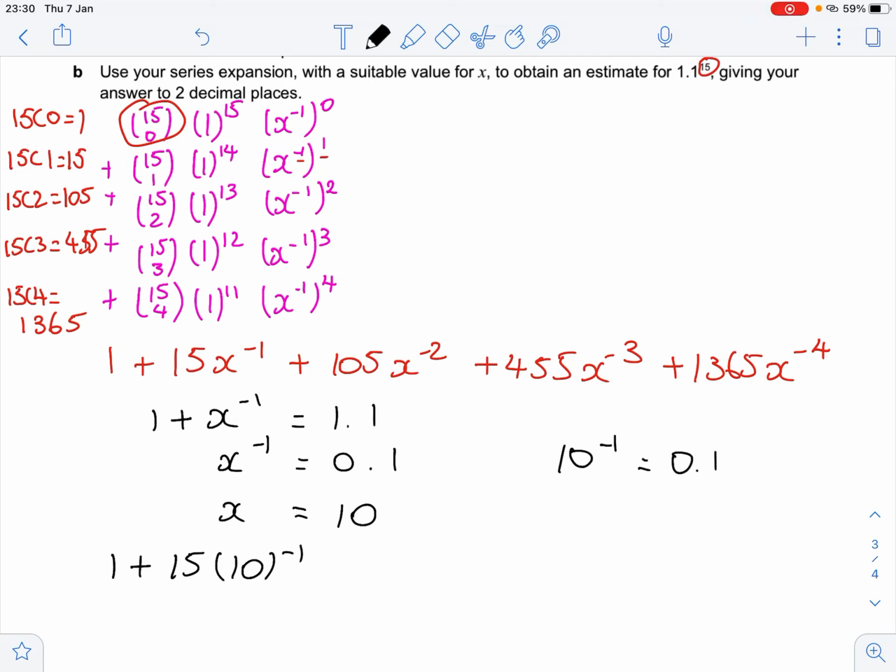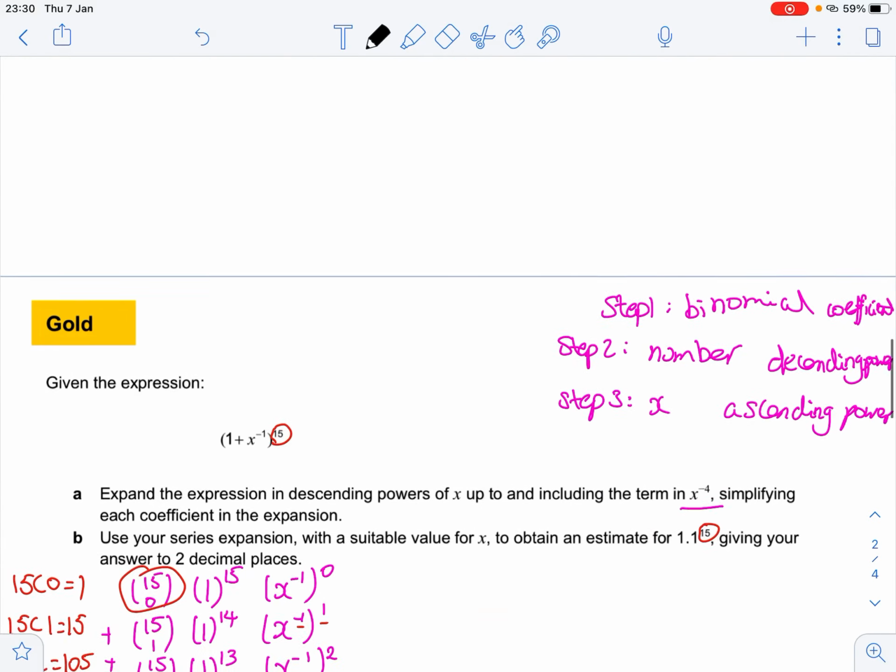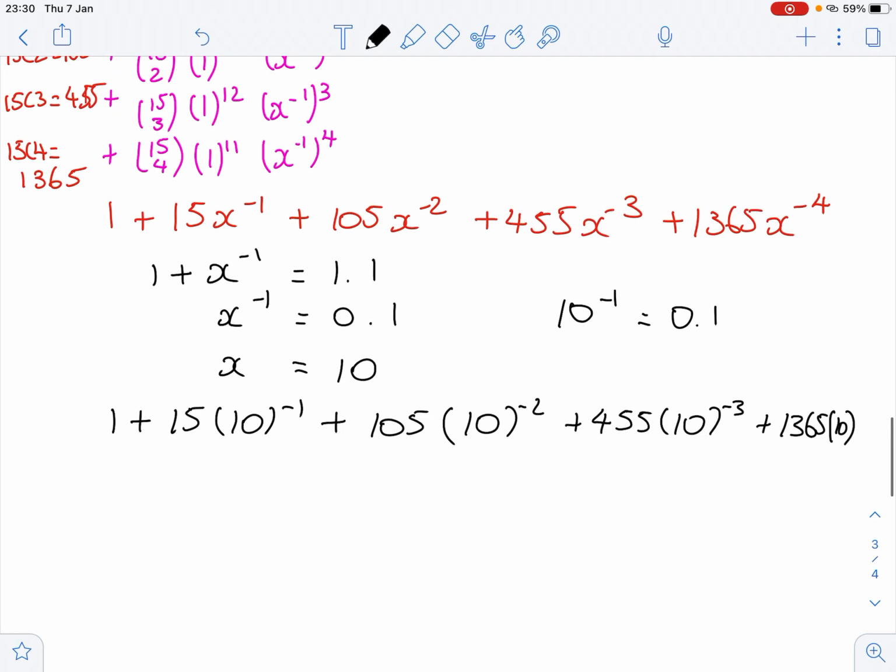So we could write it out like this: plus 105 times 10 to the power of minus 2 plus 455 times 10 to the power of minus 3 plus 1365 times 10 to the power of minus 4. But it is hard to type into our calculator.